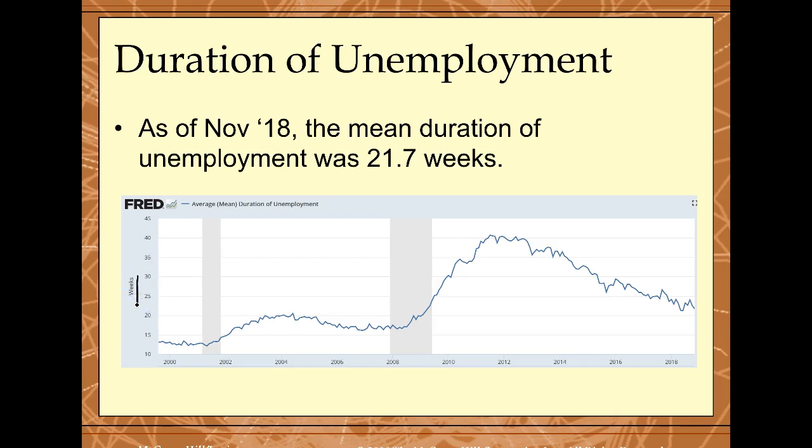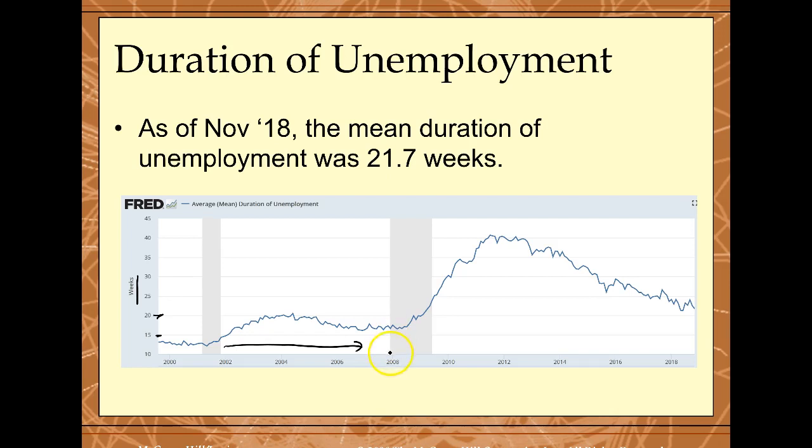During the 2000s, it took roughly between 15 and 20 weeks on average to find a job. So you lose your job, and the average person found a job in 15 to 20 weeks, about 3 months.